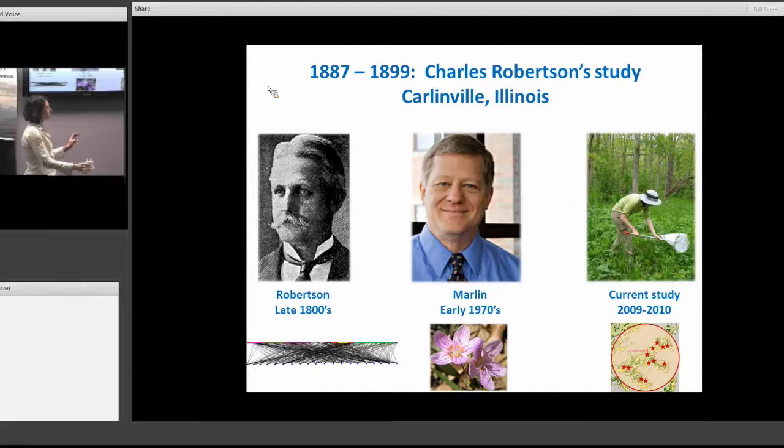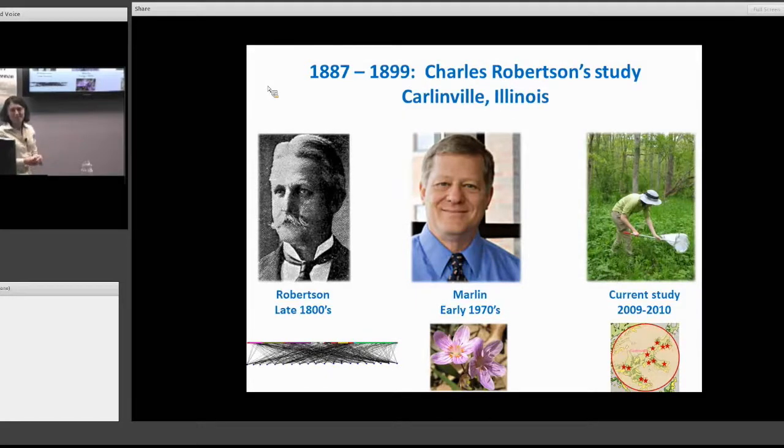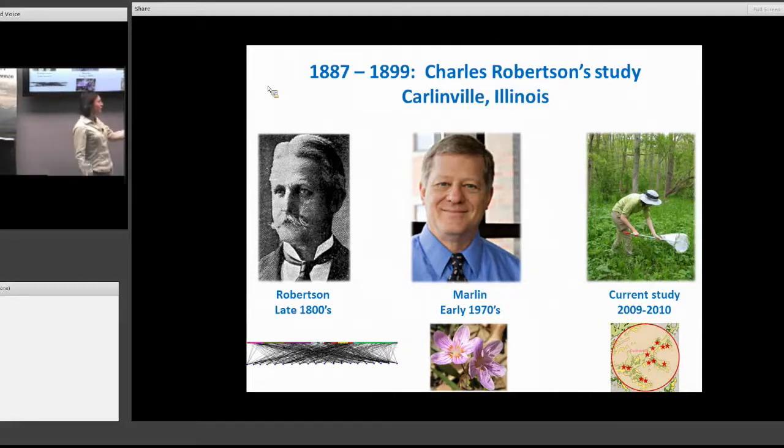And what's cool is that he did this work as a young man. So he had just graduated from college, landed his first job, and was really excited to talk to us about his sites and his field methods, which was something that we unfortunately weren't able to do with Robertson. So that was really helpful to be able to interact with him. And then in 2009 and 10, we returned to many of the same study sites visited by Marlin and sampled the plant-pollinator interactions to many of the same plant species.